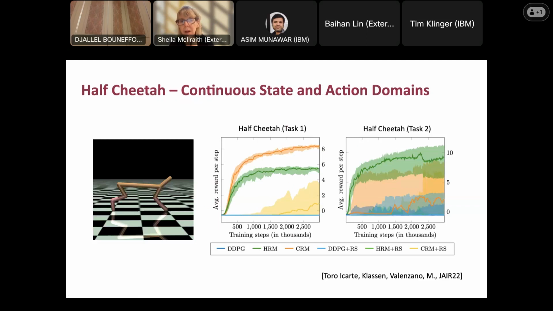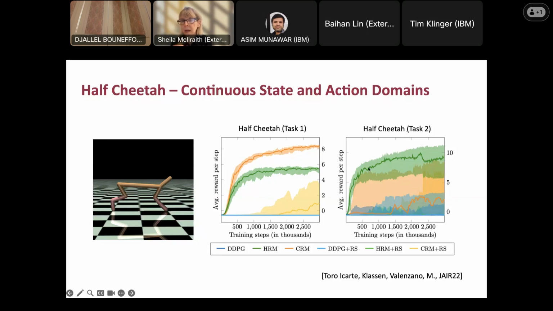For CRM, which is the new version of the algorithm where we have not individual Q functions, but one big Q function, we did very well on half-cheetah domains. This is us in orange with CRM and the hierarchical reinforcement learning algorithm in this environment.